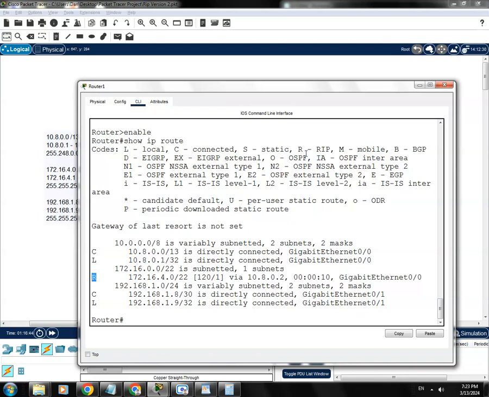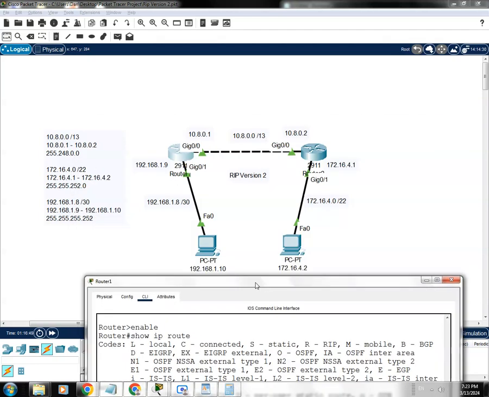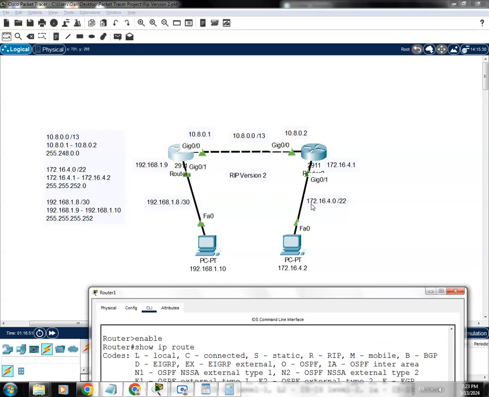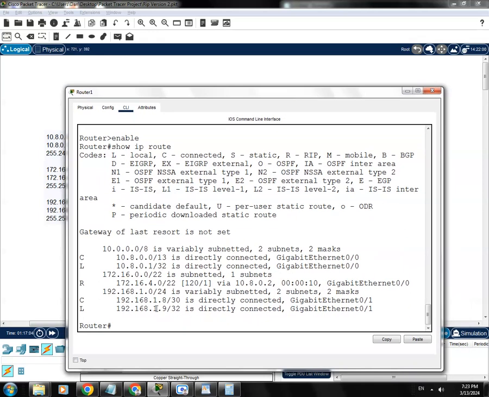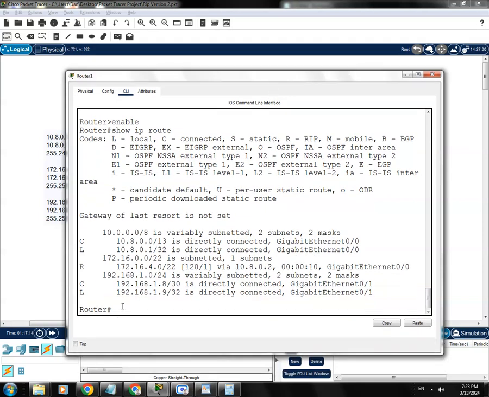The R stands for RIP, so that is why this router was able to learn this network using RIP, and it is displayed here on the routing table.